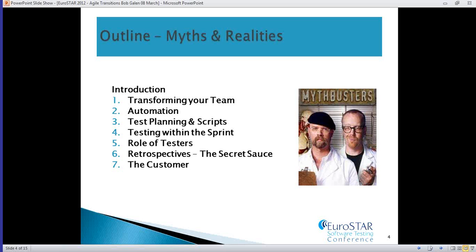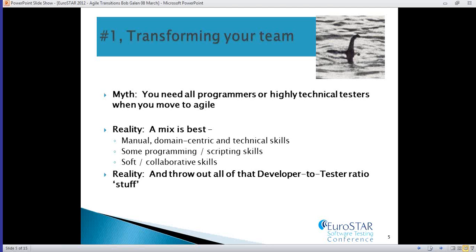There are 7 areas we want to talk about: transforming your team, test automation, planning and scripting, by which I mean putting test cases together, testing within the sprint or an iteration, the role of testers, retrospectives, and then I want to end up with the customer. I'm saving the best for last, that customer interface.